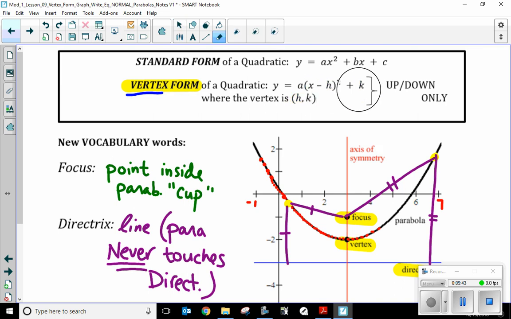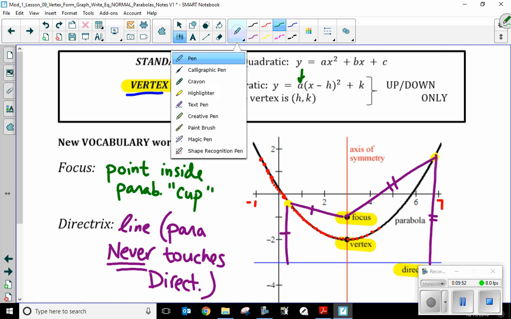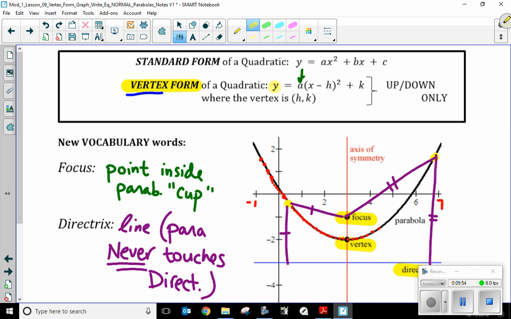Our A is the number that's in front of the parentheses here, okay? So we have that. That's given to us. Every equation we have, we'll always have a y and an x as variables. But instead of having A, H, and K, I will have numbers for A, H, and K.